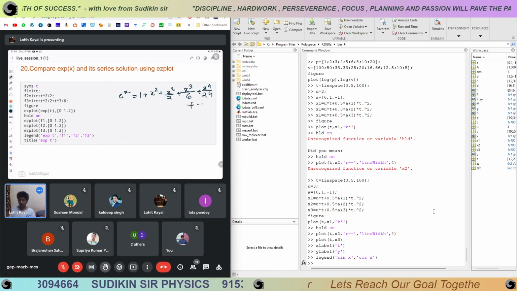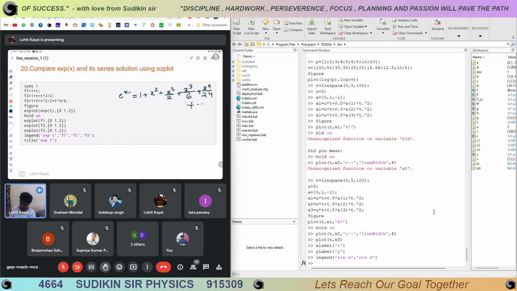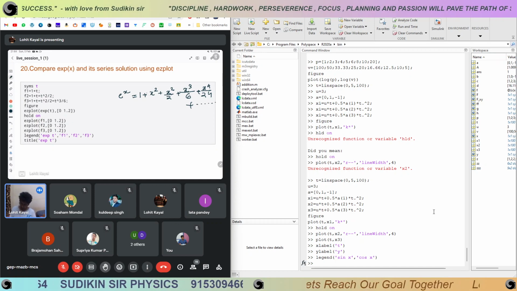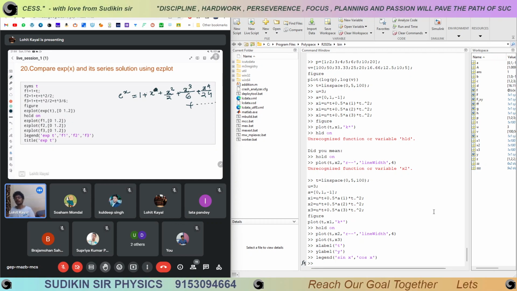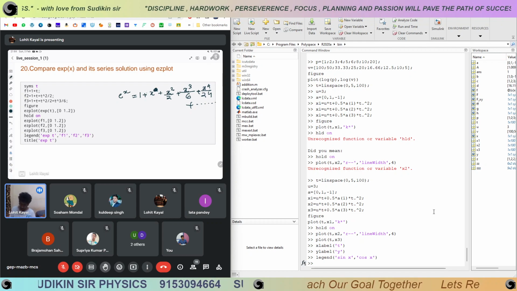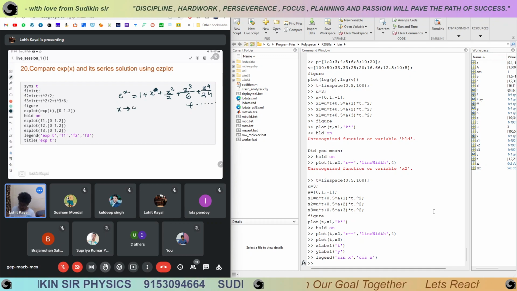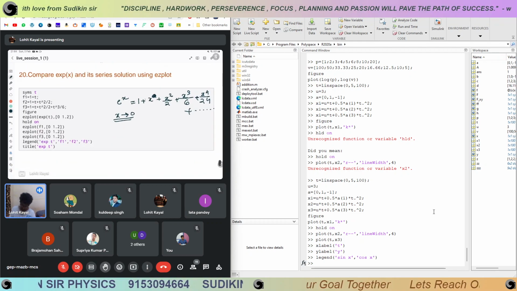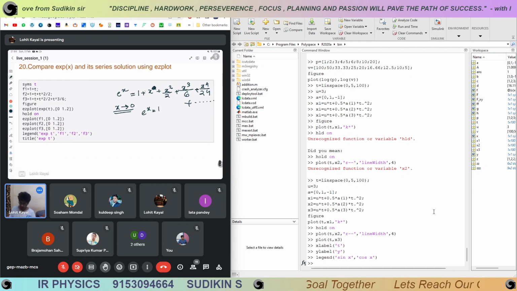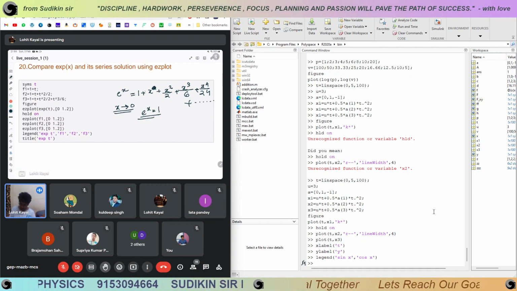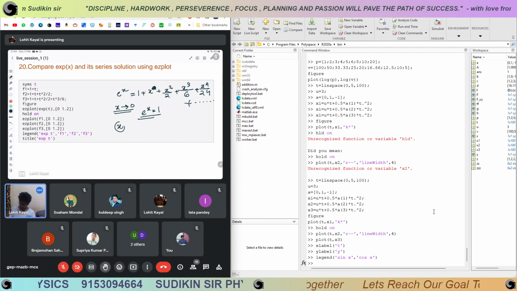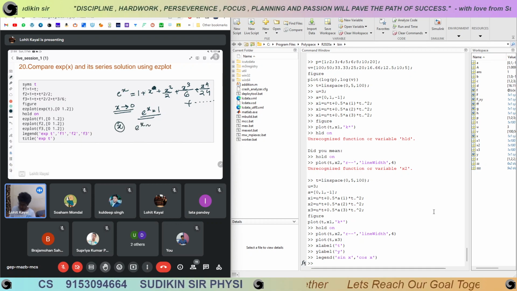Sorry, it will be 1 plus x, not x square. Now when x tends to 0, then e to the power x equals 1. We all know that.